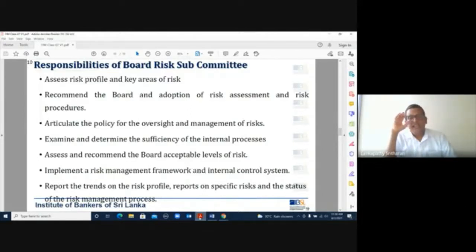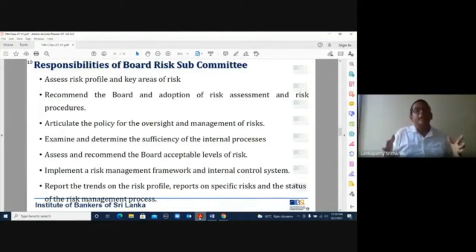Even though internal audit gives assurance, these people have to examine and determine the sufficiency of the internal process. For example, in the earlier example of cash loading of standalone ATMs, they will examine whether the existing internal controls are sufficient. Those types of things are the responsibility of the board risk subcommittee.